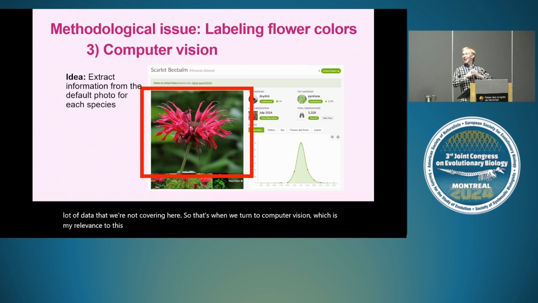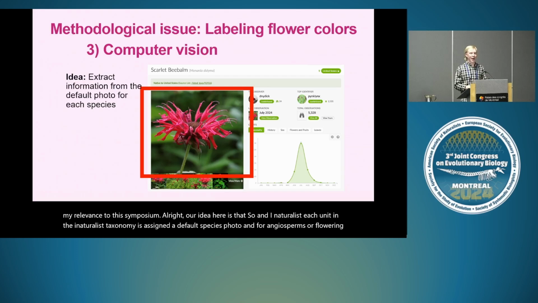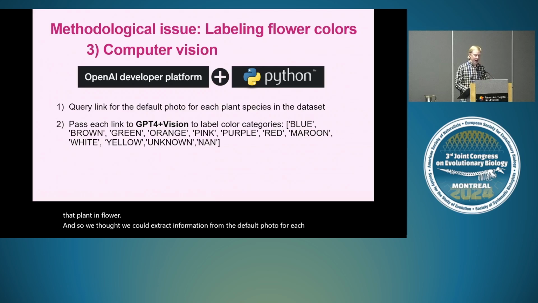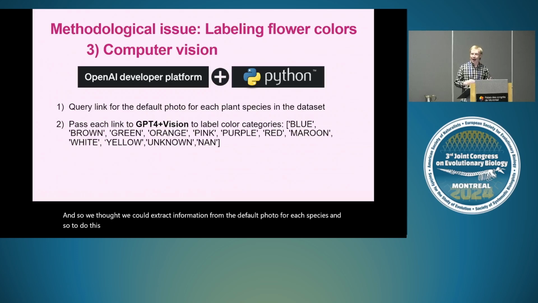Our idea here is that in iNaturalist, each unit in the iNaturalist taxonomy is assigned a default species photo. And for angiosperms, or flowering plants, that default photo is almost always a beautiful picture of that plant in flower. And so we thought we could extract information from the default photo for each species. To do this, we used the OpenAI developer platform.